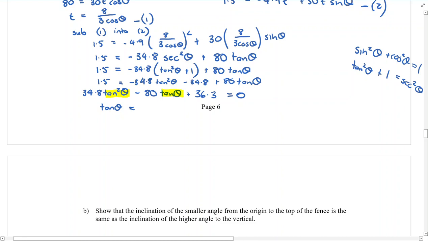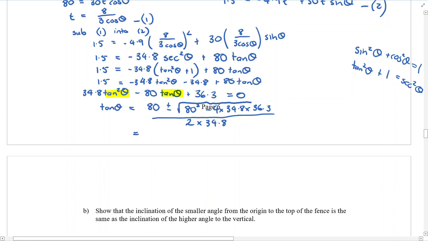Quadratic formula says negative b, so that's 80, plus or minus the square root of b squared minus 4 times a times c, all over 2 times a. Not nice, decimals everywhere, but doable.